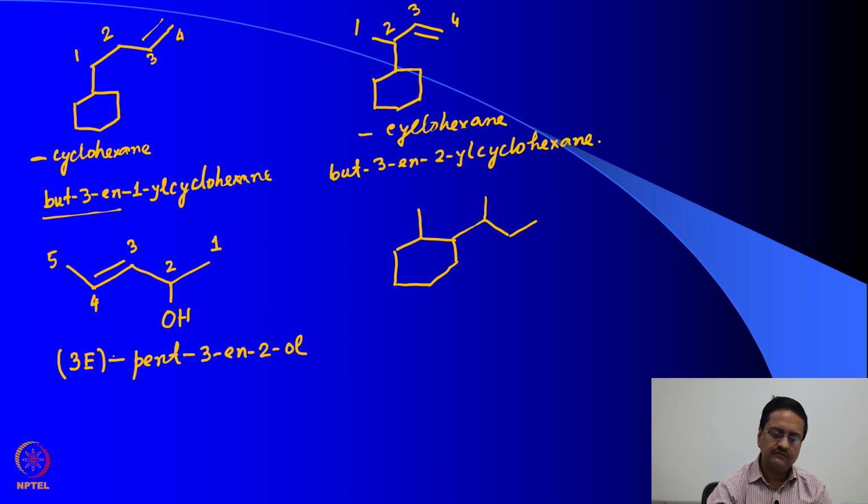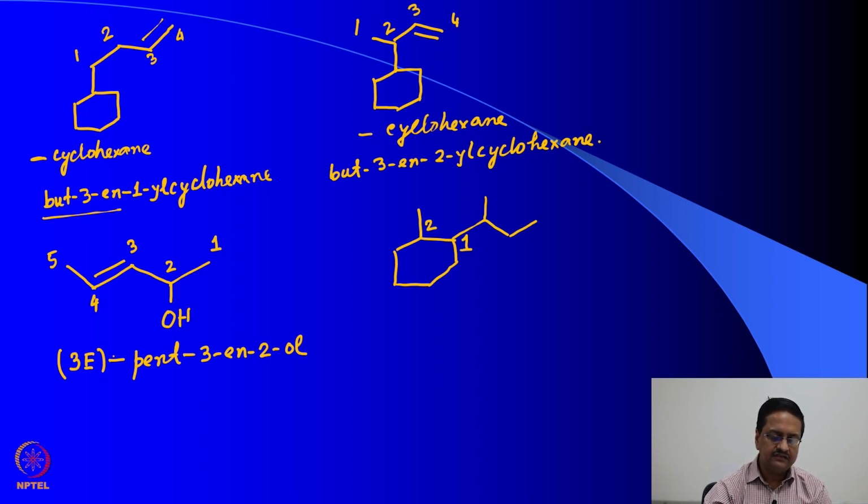So, what we should do here, this is a cyclohexane, but then we need to identify the carbon atoms of cyclohexane by numbering, because there are more than one substitution on the cyclohexane ring. So, the carbon containing a larger group gets number 1 and the second group gets number 2.